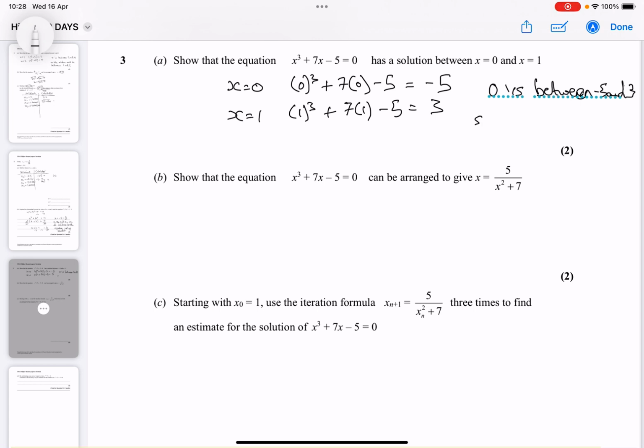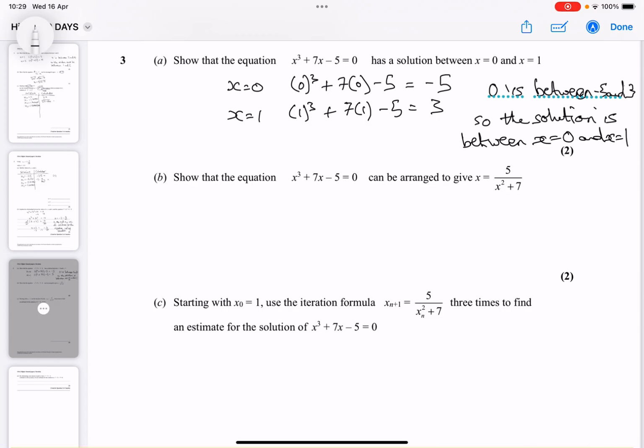So the solution is between x equals 0 and x equals 1. It's always worthwhile remembering that solution thing.